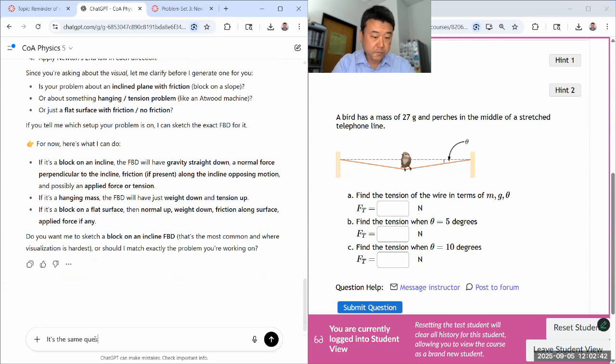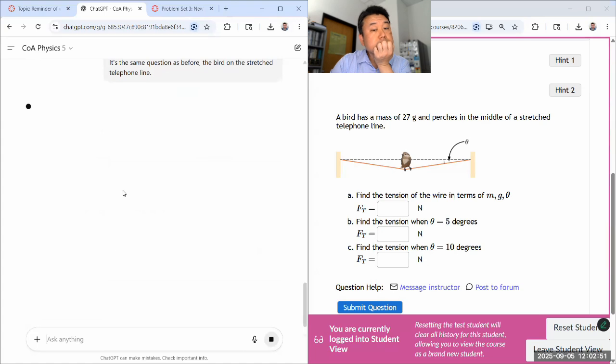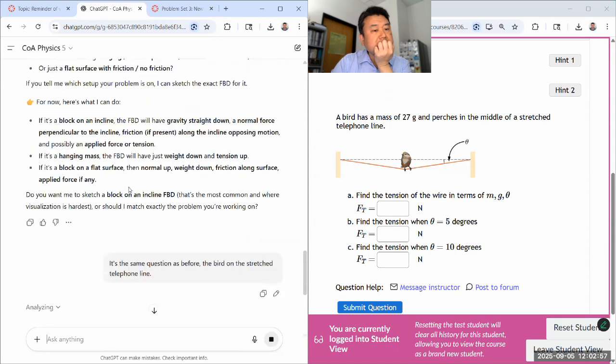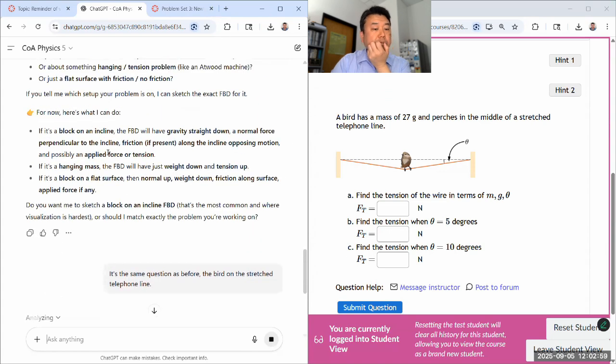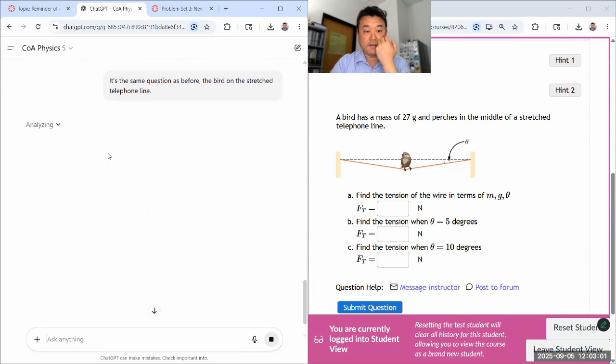It's the same question as before, the bird on the stretched telephone wire. Yeah, I don't know why it went back as if we weren't in the context of a question already.